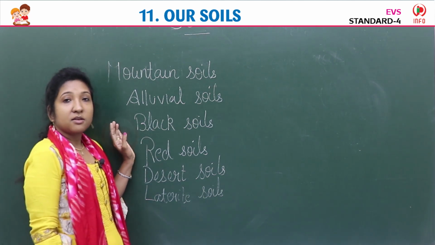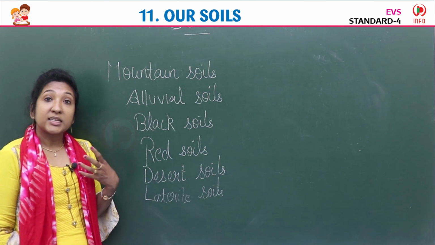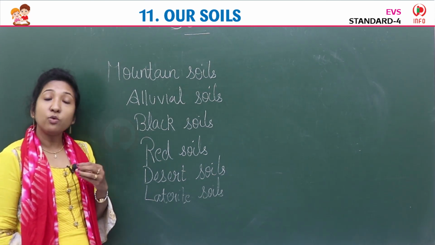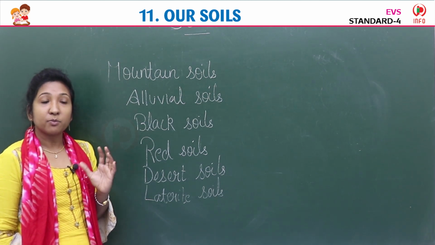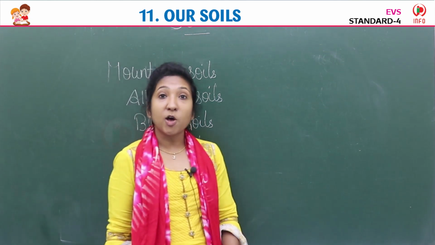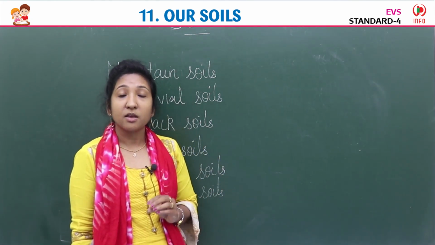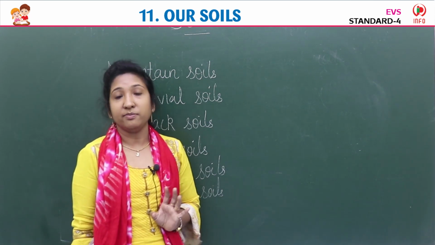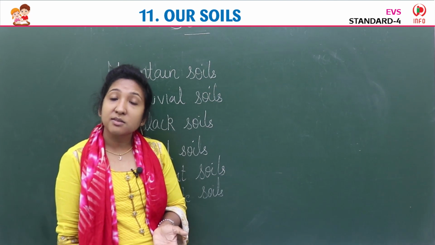Now next, we are going to learn about soil conservation, which means how we can protect the soil. Nowadays soil is getting damaged, or contaminated, we say. Soil is becoming impure. Why? Because of human activities.